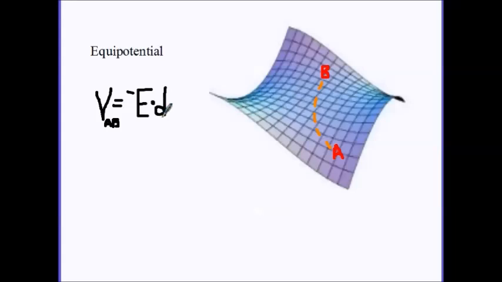But that does not mean that the field between A and B is zero, nor is the distance from A to B zero. So how could you take two non-zero quantities and multiply them together and get zero?